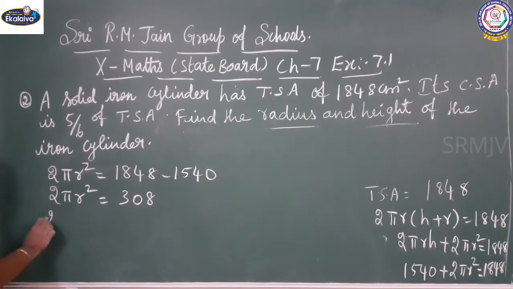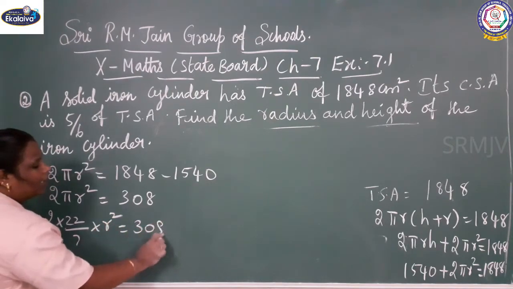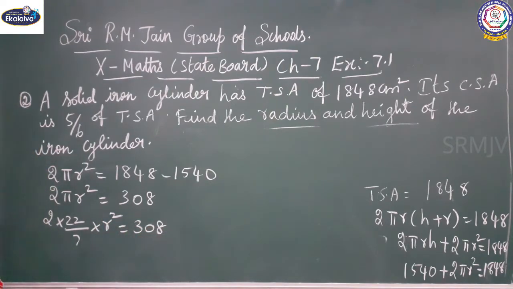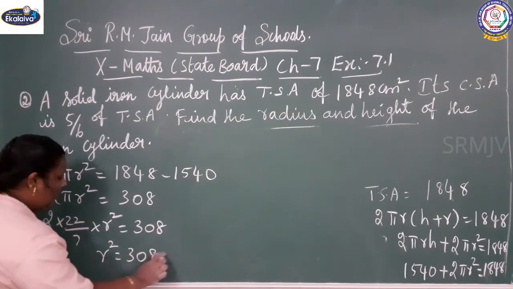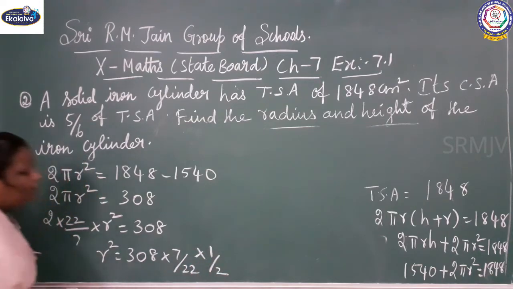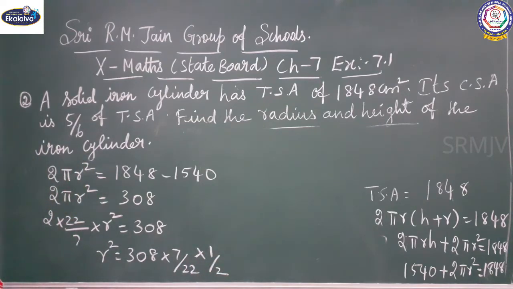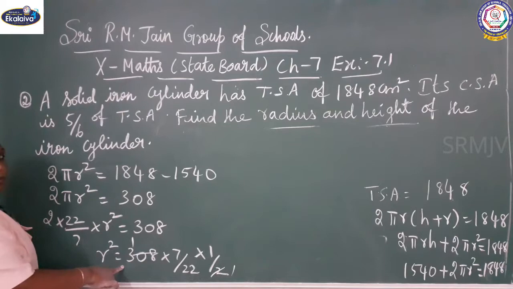So 2 into 22 by 7 into R square equal to 308. Then R square equal to 308 into 7 by 22 into 1 by 2. 7 by 22 into 1 by 2. 2 ones are 2, balance 1.